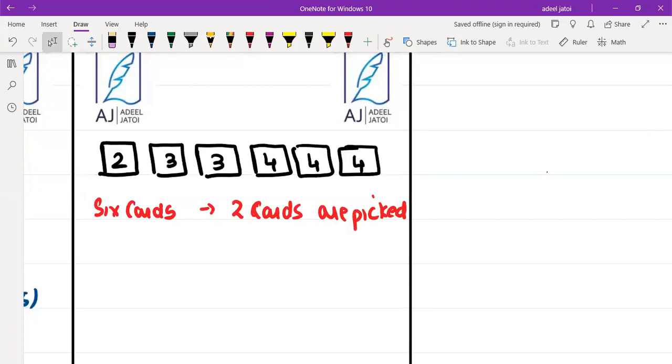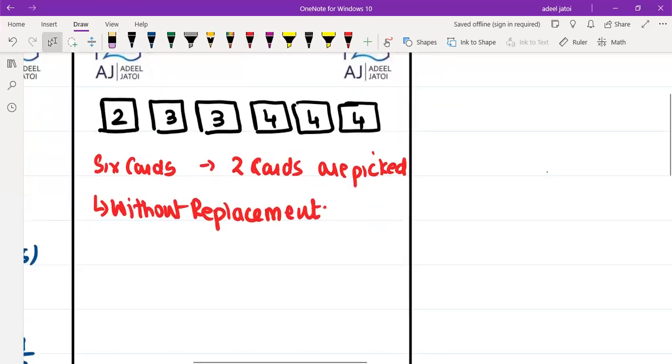So, total number, obviously, this question is linked with without replacement. This question is linked with without replacement. What is without replacement?